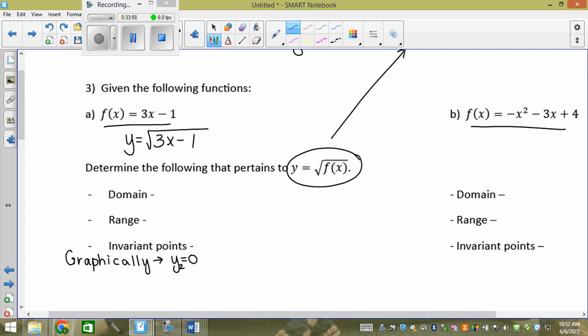And you should get 0.333333333333. Is that what you're getting? You should be. y2 equals 0. This is your y1. It's occurring at the x-intercept, which is 1/3.